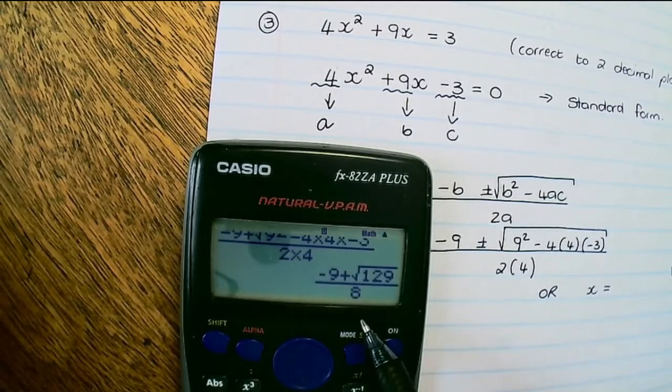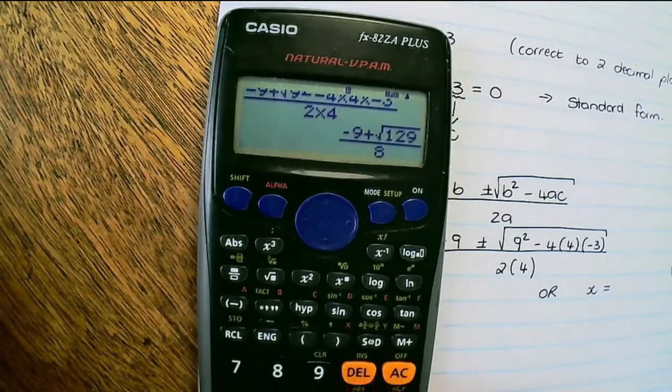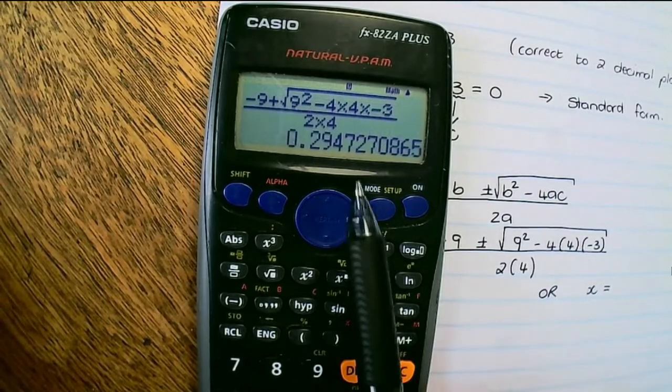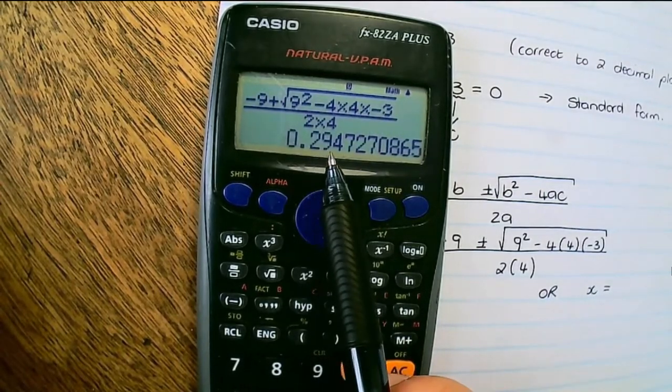And now the calculator would produce an answer which is in surd form, but the instructions said correct to 2 decimal places. So I simply press S-D on my calculator. So it's 0.29.